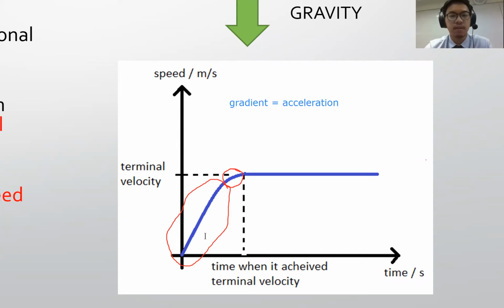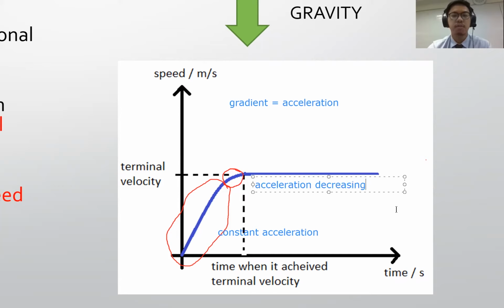So the first part of the graph, you have constant acceleration. It's a straight line. And then the second part of the graph, you have your acceleration decreasing. I hope you still remember how to interpret your graphs. So the first part, you have constant acceleration, your speed increases quite rapidly.